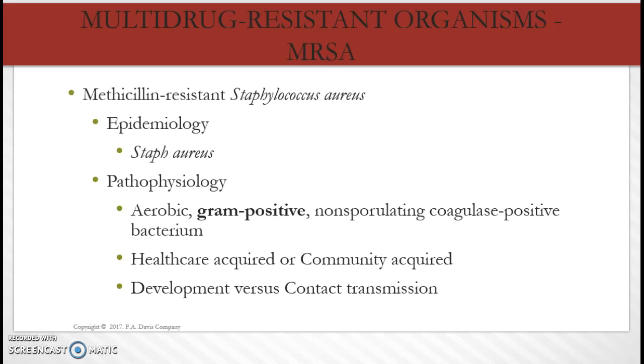And then there's this concept with MRSA and some other resistant infections. Was this something that was developed internally to the patient versus contact transmission? Of course, contact transmission for MRSA is very high, but there are some patients that will have Staph aureus infections that they're getting treated for repeatedly.